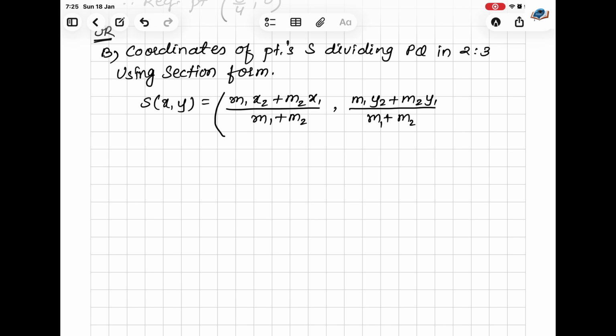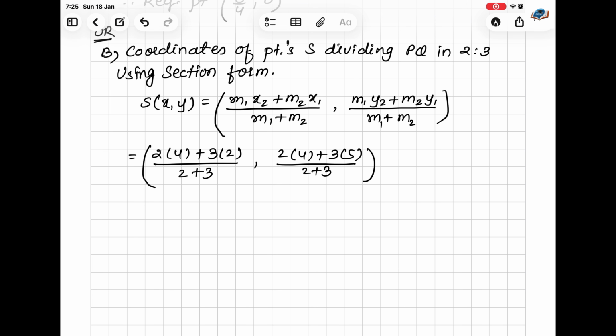So putting the values there, I will get 2 into 4 plus 3 into 2 upon 2 plus 3, comma 2 into 4 plus 3 into 5 upon 2 plus 3.